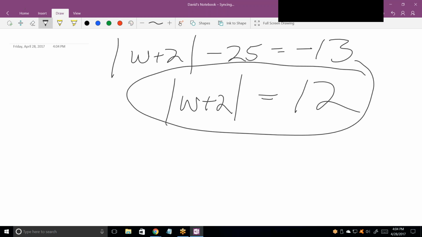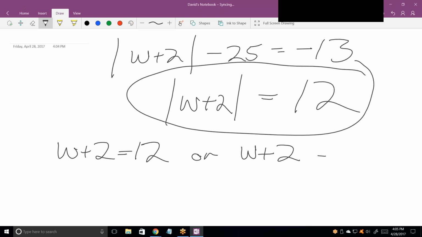It means positive w plus 2 equals 12. Actually, the first statement is exactly what you're looking at without the absolute value sign. Right. Or the whole thing negative. So negative w minus 2. No, never change what's inside. Always leave it unadulterated. What's changed is the other side.